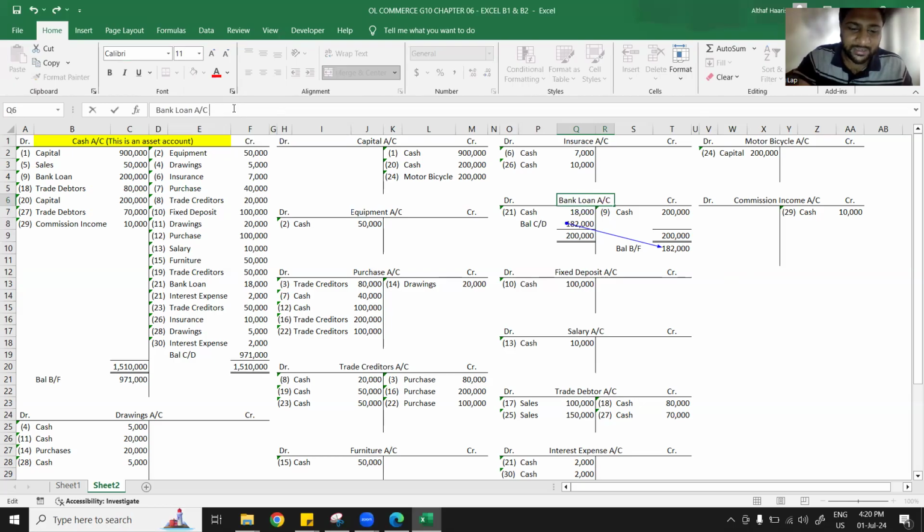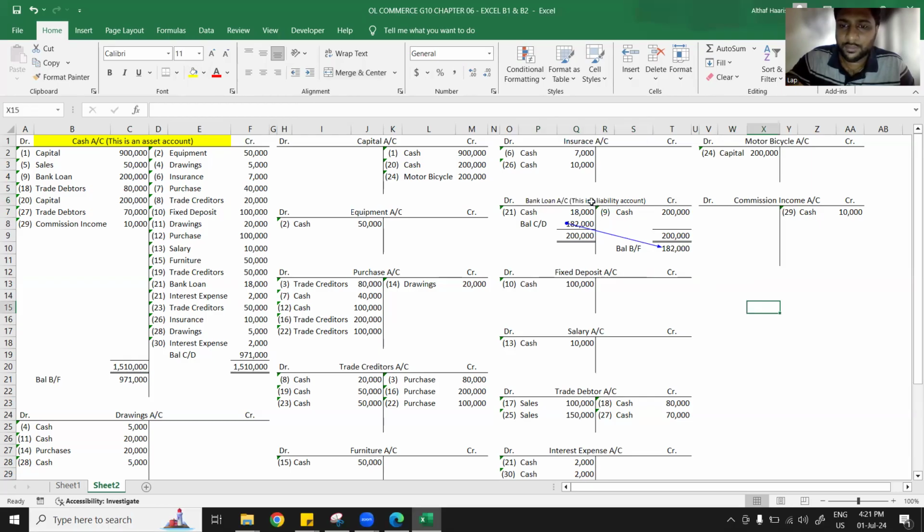So inside the bracket, put a small arrow and write, this is a liability account. So this is also done.